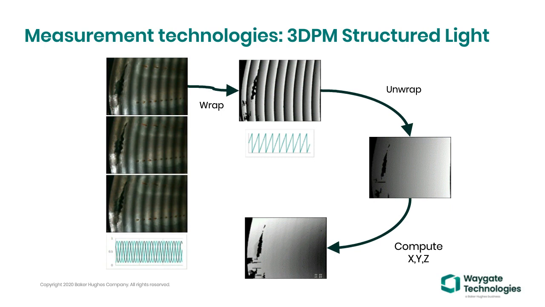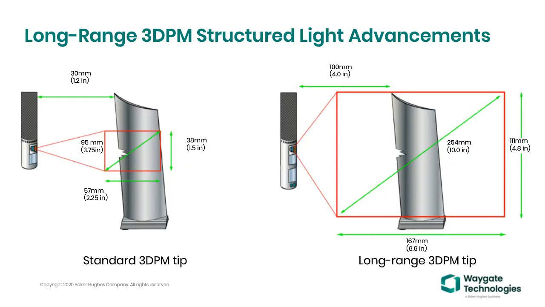So when we launch 3D phase measuring with structured light, we have forward view and side view tips. And there are some scenarios when you're entering a casing or a turbine, or also in piping or other areas where you're inspecting, people wanted to have a larger volumetric area to measure.